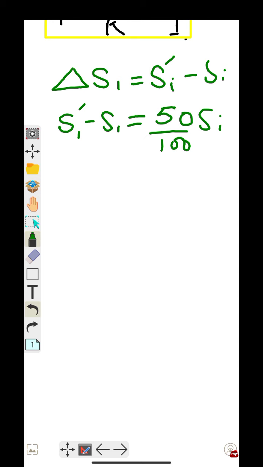So I can write the new sensitivity SI dash will be equal to SI into 1 plus 50 by 100.